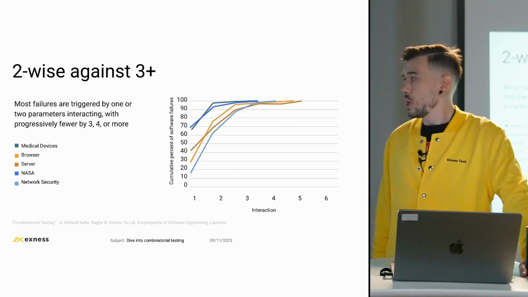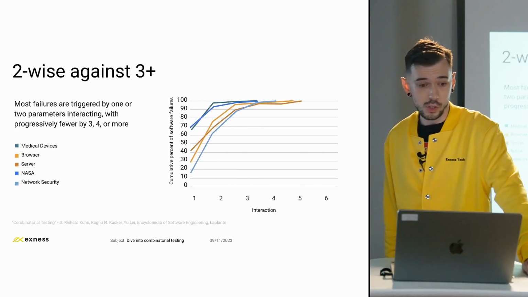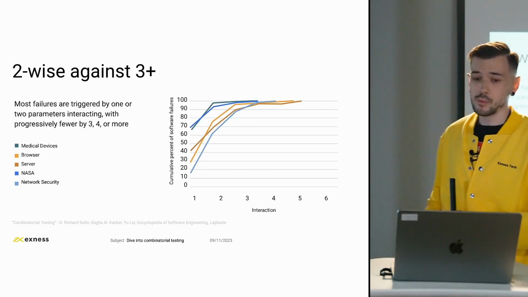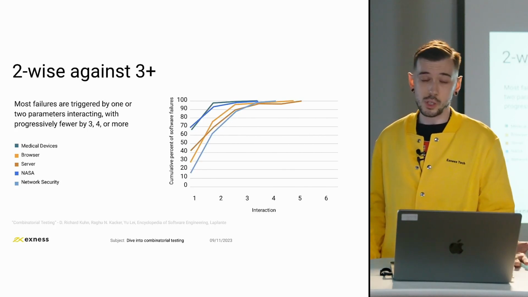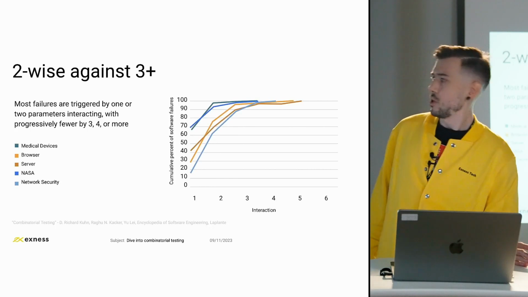And on this graph, we see that pairwise can drastically decrease your potential issues compared to the one-wise only approach. At the same time, it's probably okay to stay at pairwise for, say, a browser, even at, say, 75% level.